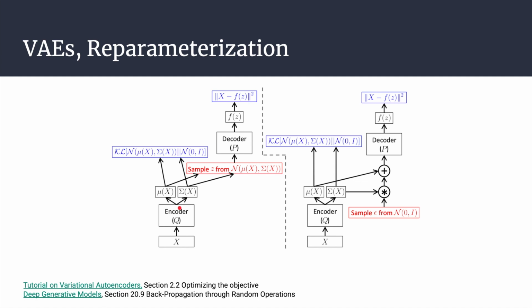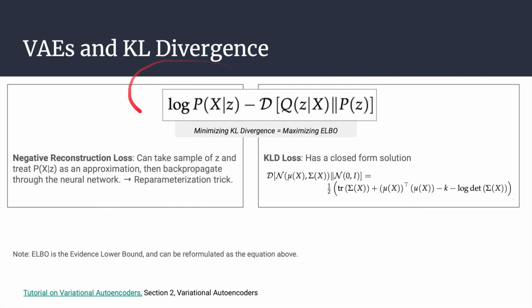And the encoder will literally create n many means and n many variances that would then be used as input to this Gaussian distribution, which is then passed into the decoder. It's passed through a function, and then you use this as the reconstruction loss from here.